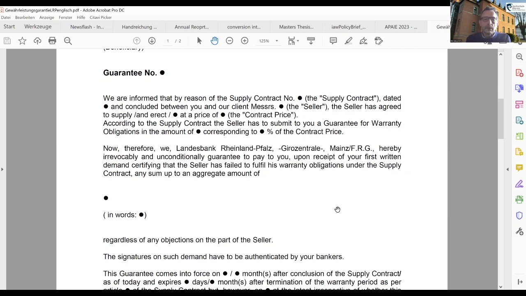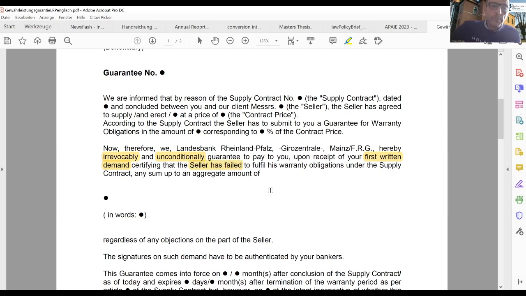So again, it's important: irrevocably and without any other condition, the sum will be paid on first written demand, certifying that the seller has failed.